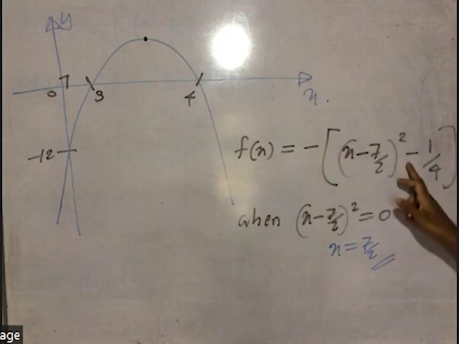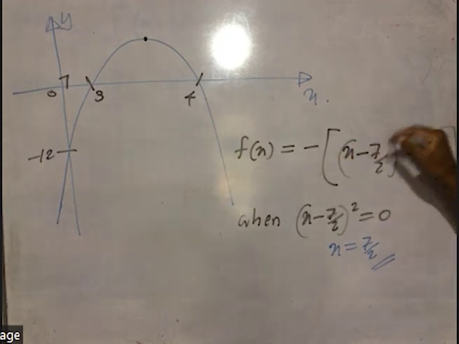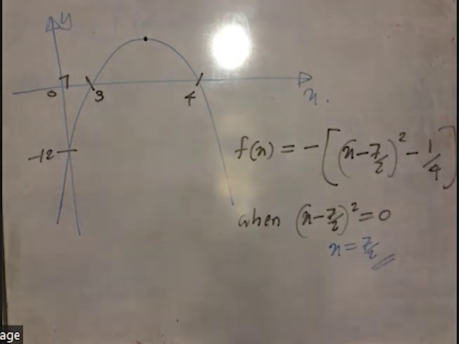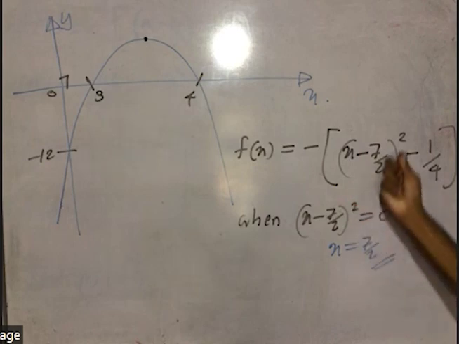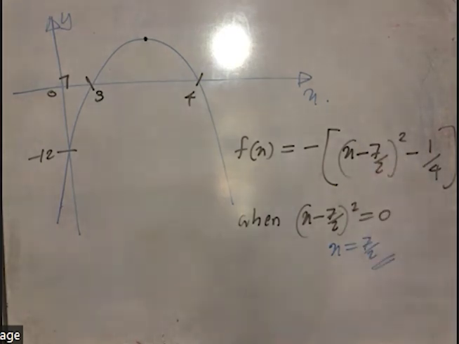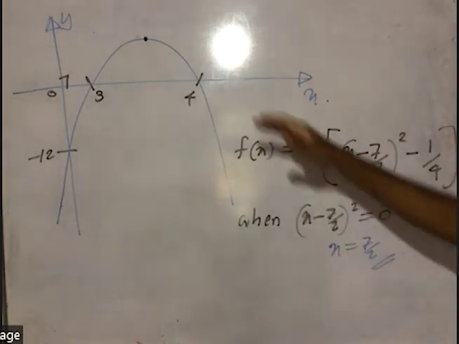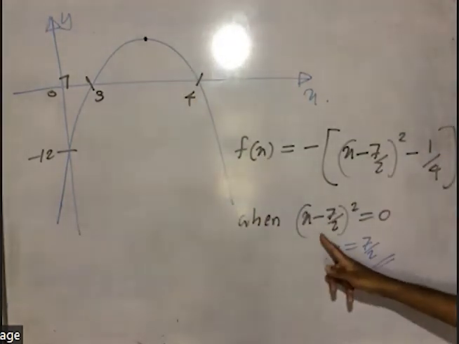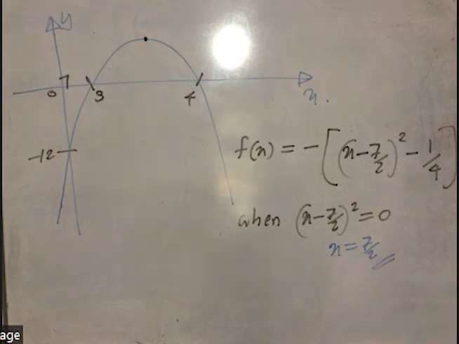So the total value is always less than this value, right? So you will get the maximum value when this part is 0. Other than that, you will always get a lesser value. So when this part is 0, x equal to 7/2, that means we can find the y value.